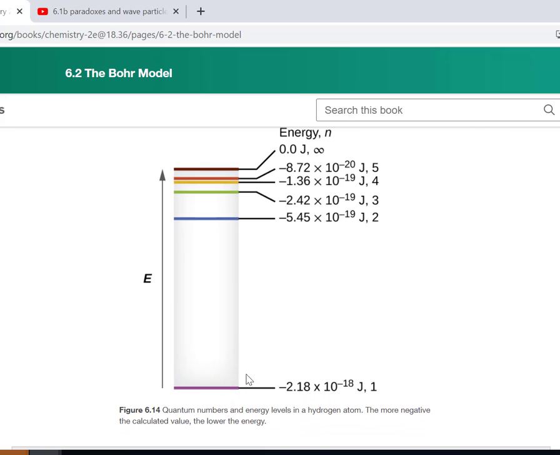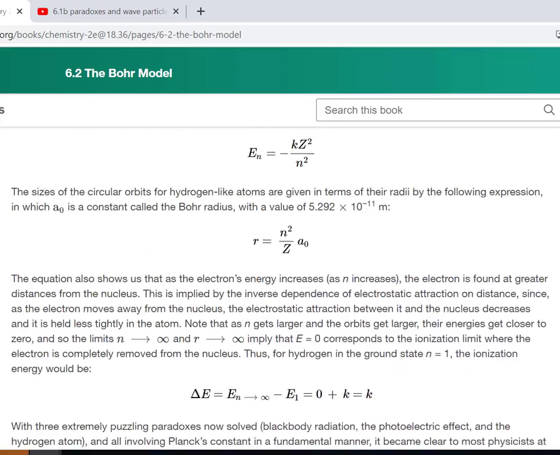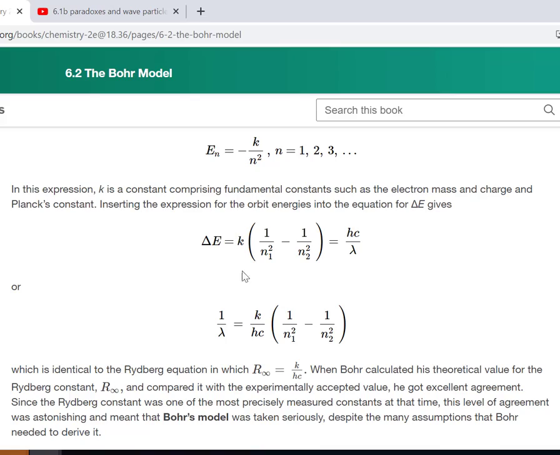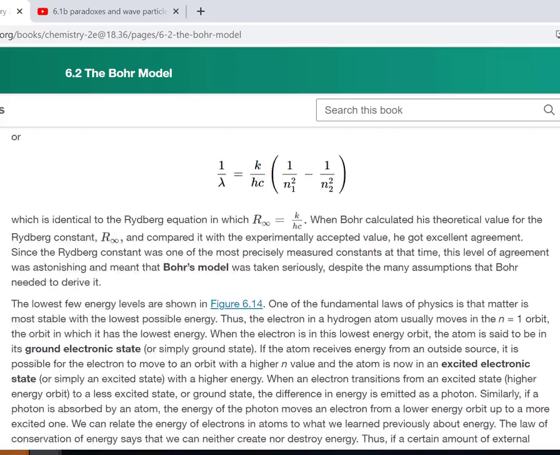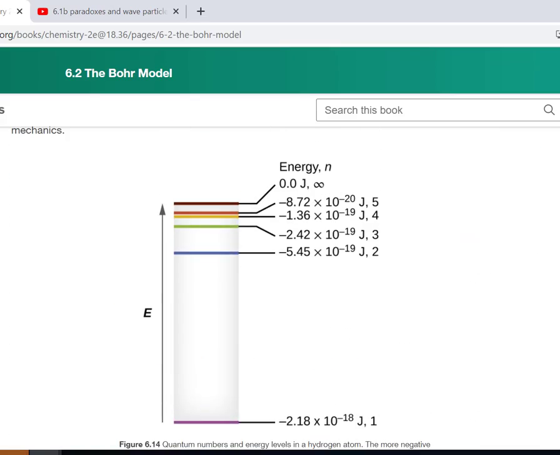Level 1 is the ground state, and you can use the Rydberg equation that we talked about earlier to find the change in energy. You go to energy level 2, so you have an excited electron up here, then energy level 3, 4, 5, and this is saying infinity.